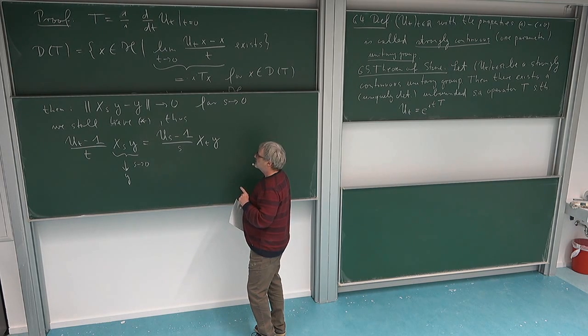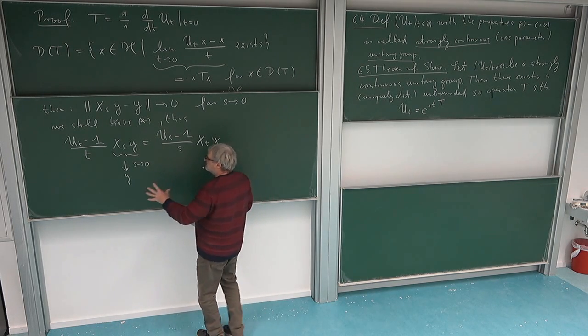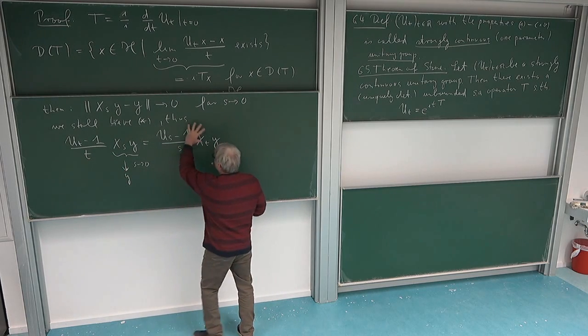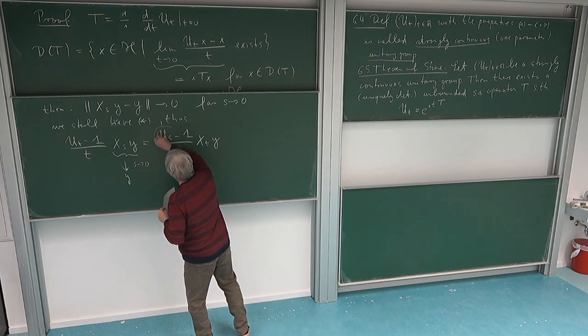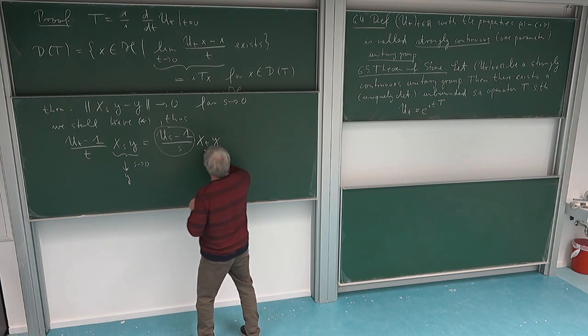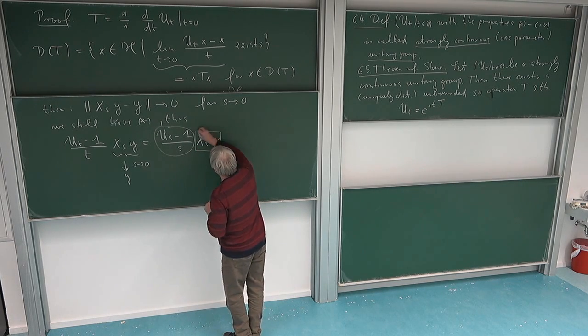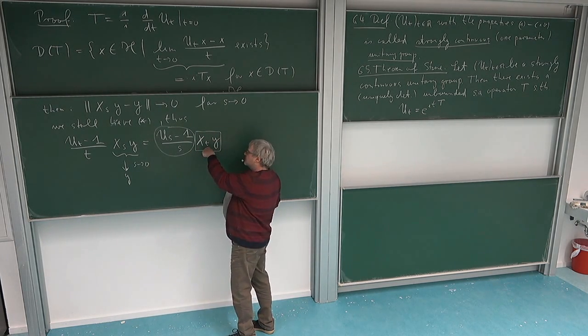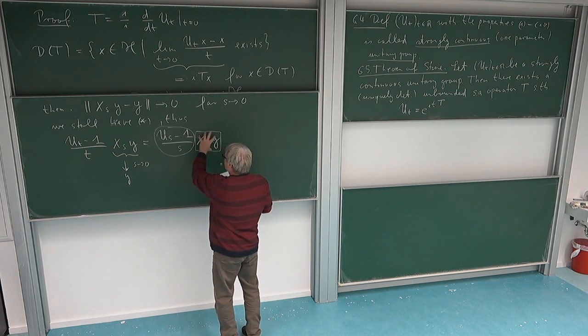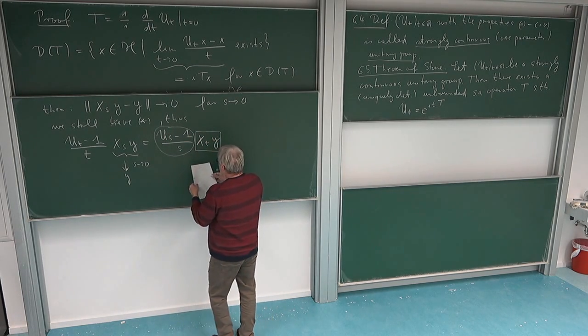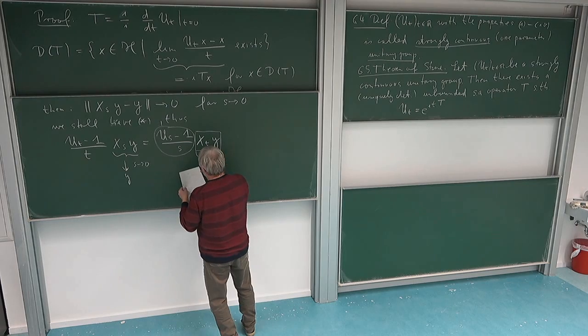to 0, and then this side has a limit, so this side also must have a limit, and this limit must be the limit of this, but now applied to a vector, but this vector is now this guy. And the t is not changing, the t is fixed. So I'm applying this side here to a vector, which let's say I call this here x.